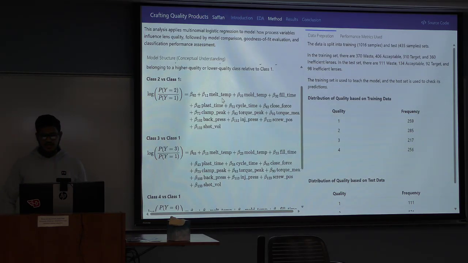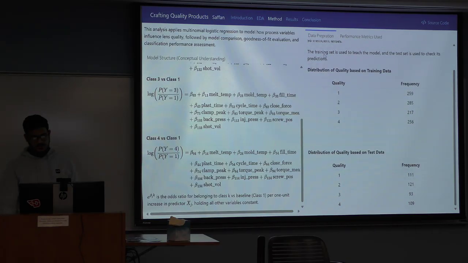In the training data set we used 370 products of quality class 1, 406 of class 2, 310 of class 3, and 360 of class 4. The test set has 111 of class 1 and 134 of class 2, and so on for the other quality classes.